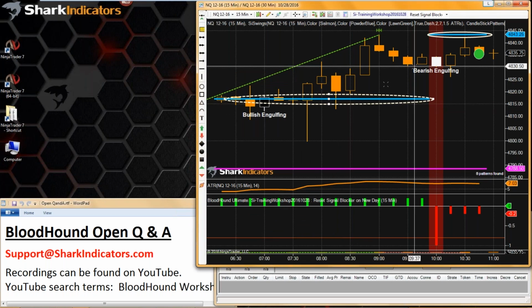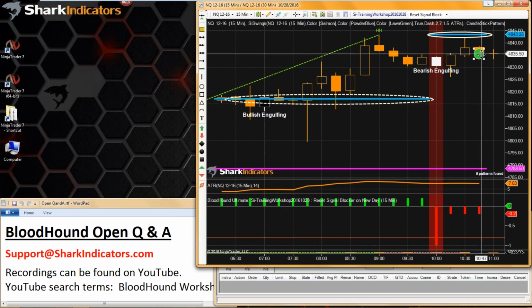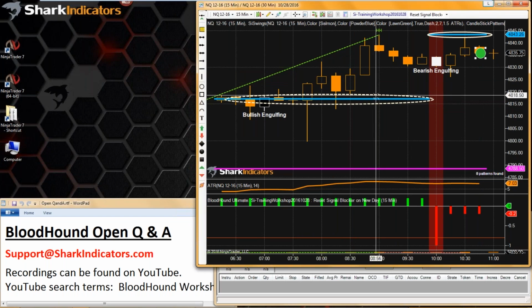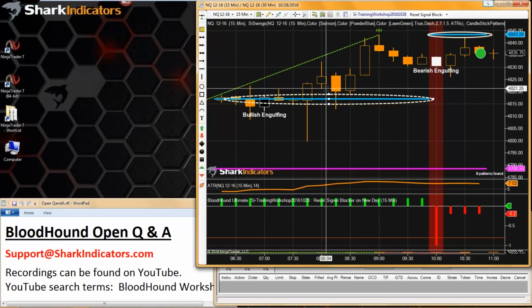So he's wanting to know, how can we compare the closing price of the bar with the previous swing point? So you would need an indicator. You would need to have an indicator that specifically plots the previous swing points, right?